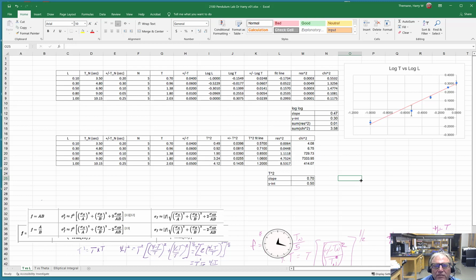So we see, oh, this one's a little different. Well, that's okay, because what this has to do with is whoever has the smallest error bar. Interesting. So when I do log, it's this one that's the smallest error bar.